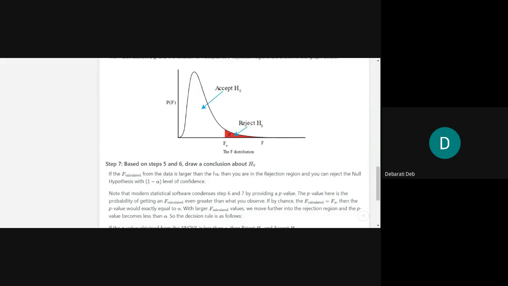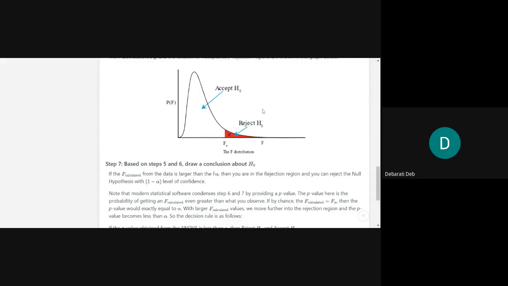Do you understand? Mathematically, if the calculated value is less than or equal to the tabulated value of the test statistic for the given information, degrees of freedom and level of significance will be given to you, so if the value of the calculated statistic is falling under this zone where the tabulated F or critical F is falling, then only you can accept the null hypothesis.